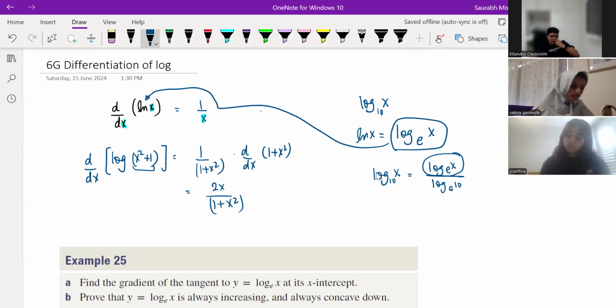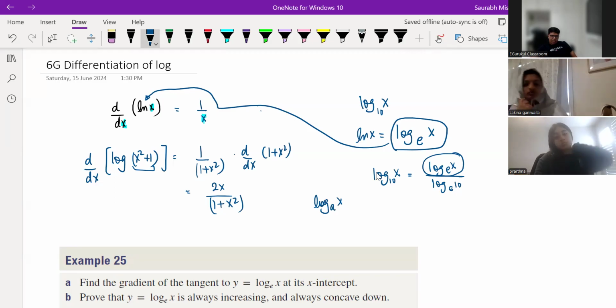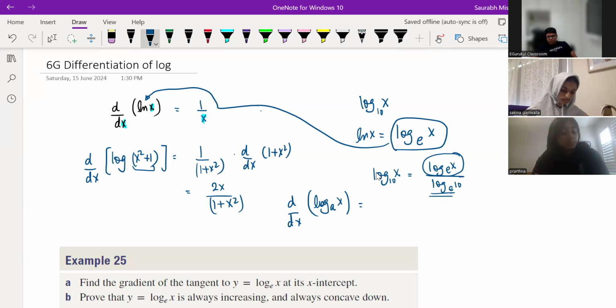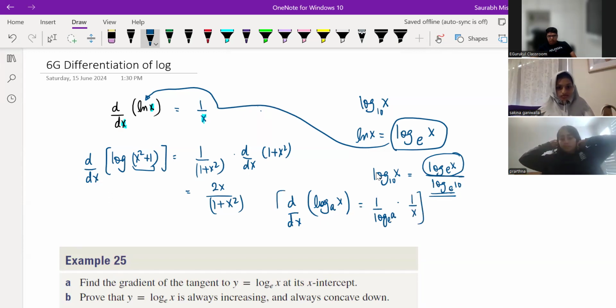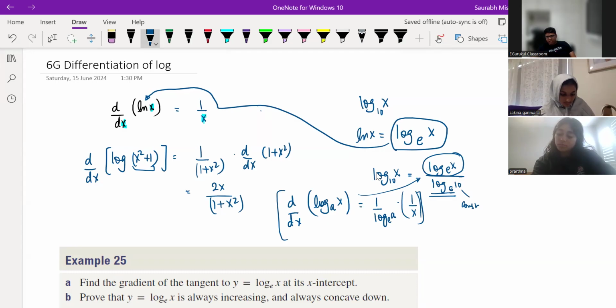So if you have log x base a differentiation, because this is a constant value, first you need to have 1 by log a base e into 1 by x. So you convert this into this, and this is a constant value, so it will be out, and then differentiation of this one will be 1 by x. Does it make sense, Sakina?